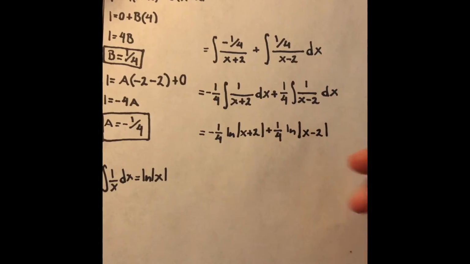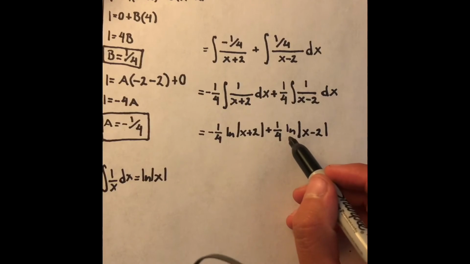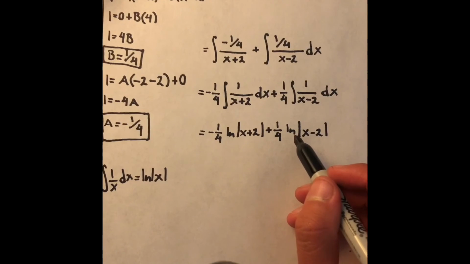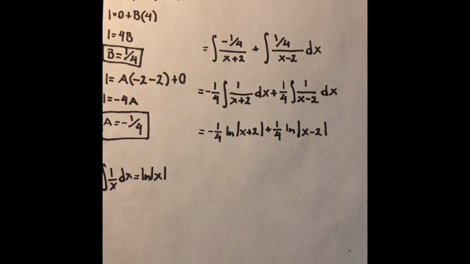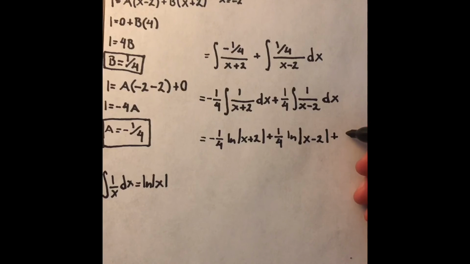This ln is the abbreviation of natural logarithm. And we can add the constant of integration, which is c.